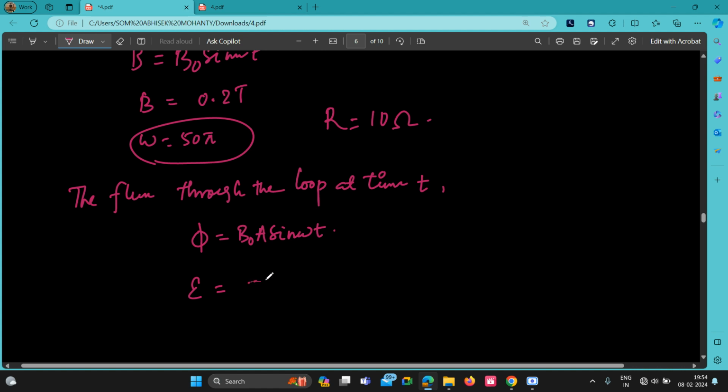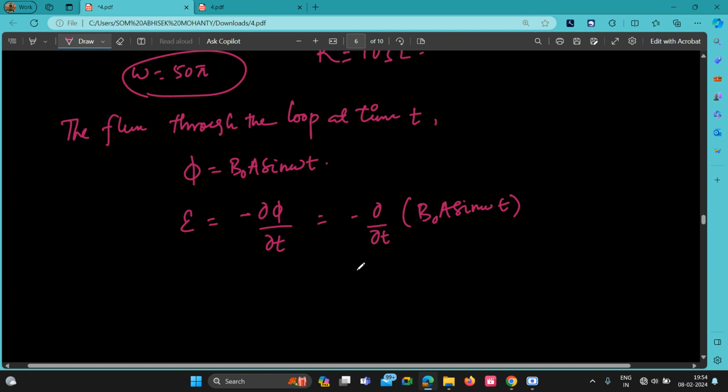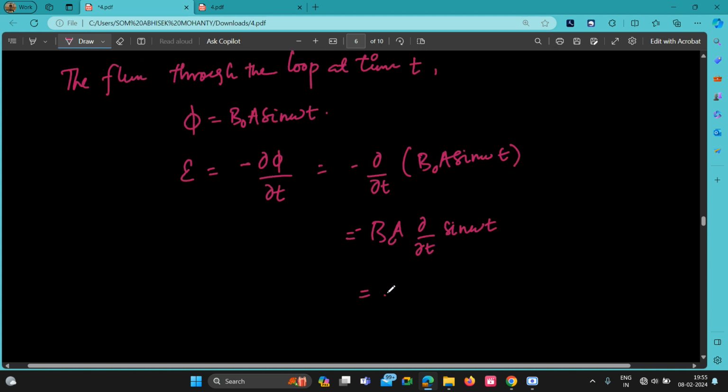Minus del phi by del t. So minus del by del t of B naught A sine omega t. Now B naught A will come out, del by del t of sine omega t. Now minus B naught A omega cos omega t.